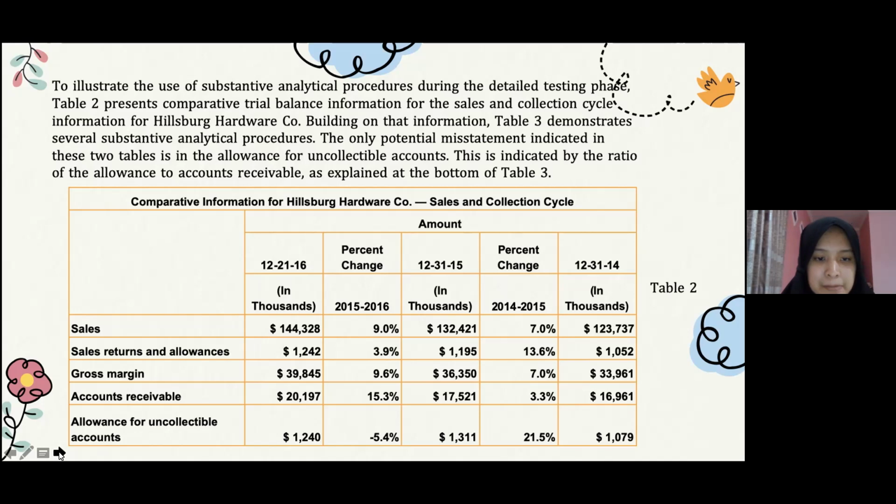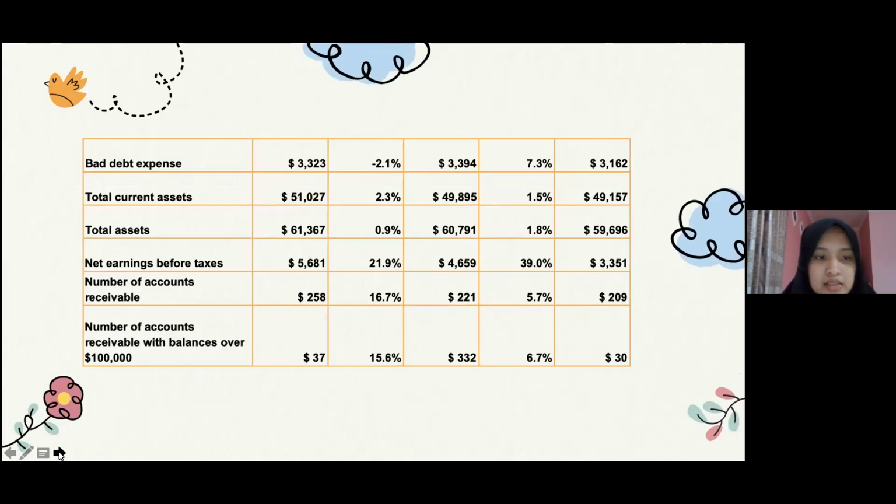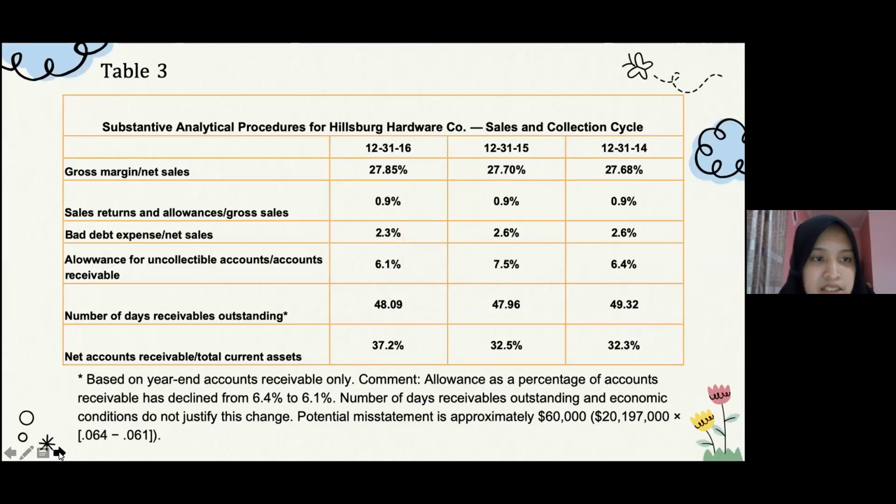Next account is bad debt expense, total current assets, net earnings before taxes, number of accounts receivable, and number of accounts receivable with balance over $100,000.